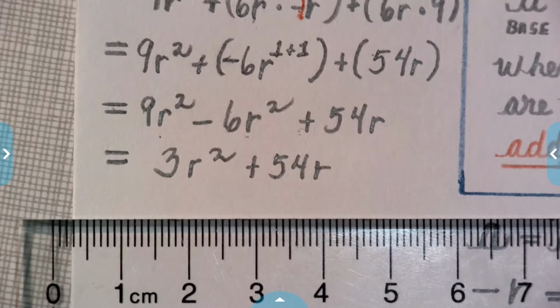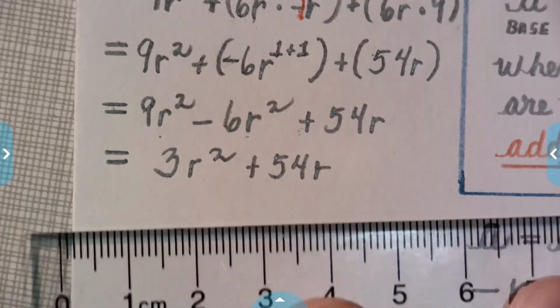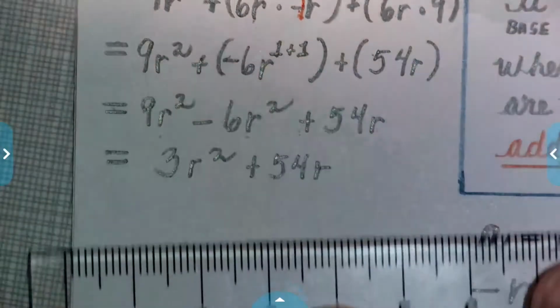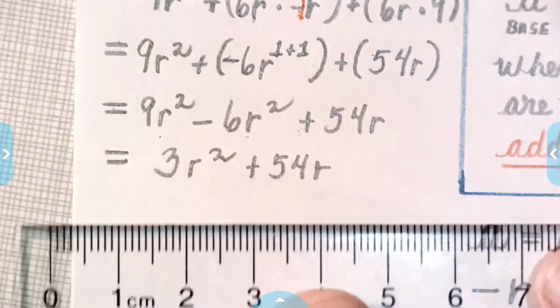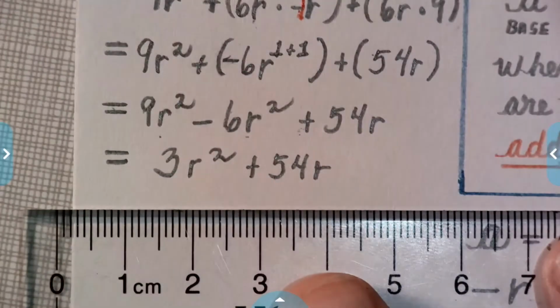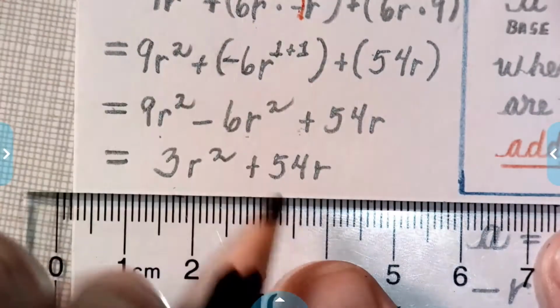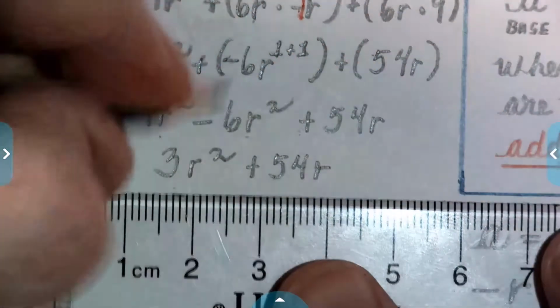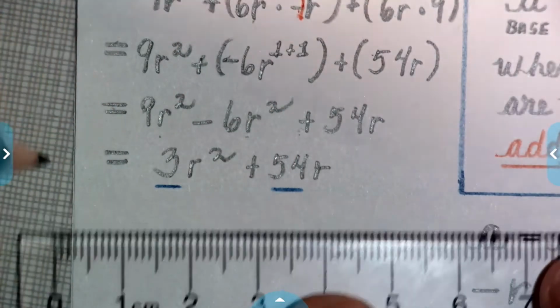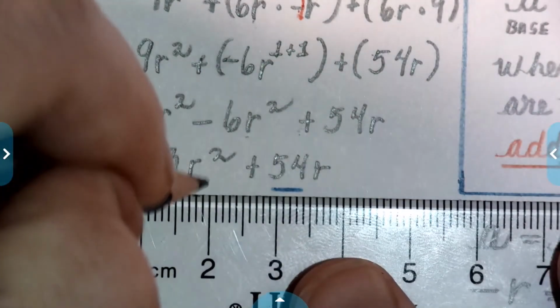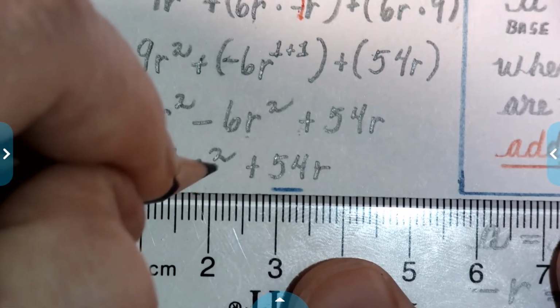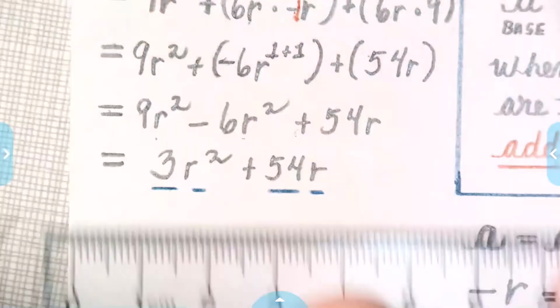Okay. Now, I was always taught to factor out the greatest common factor. So this is an acceptable answer, but let me show you what I was taught to do. I was taught to say, well, 54 is divisible by 3, and so is 3. So I was taught to divide out the 3, okay? And then I was also taught to divide out, I can see I can divide out 1r, right?